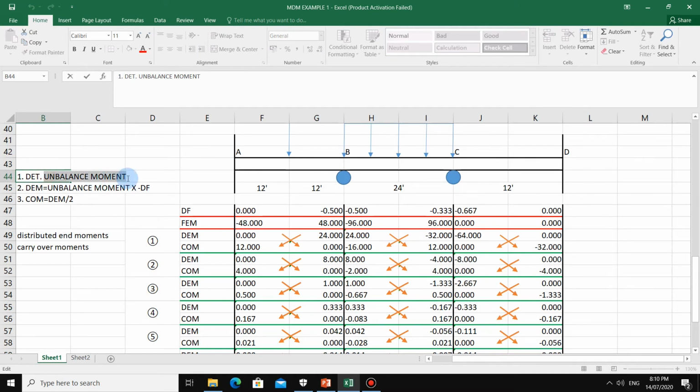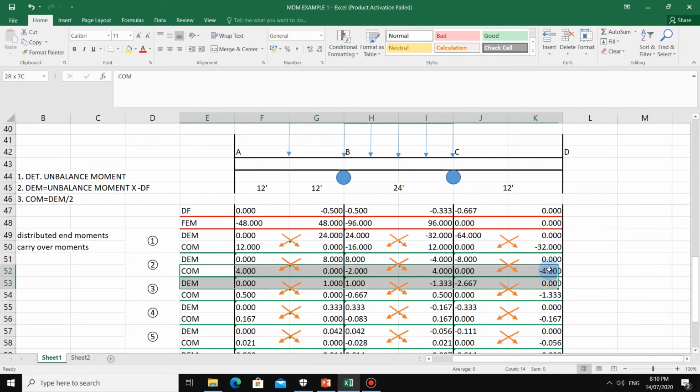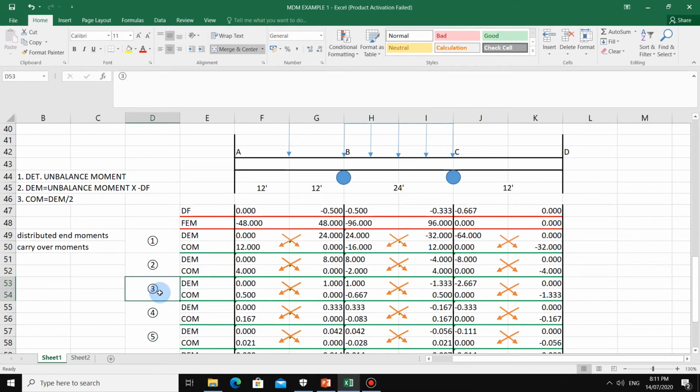Okay? So again there is an unbalanced moment. So you can temporarily lock it, guys, then evaluate whether there is an unbalanced moment. Okay? So we saw negative 2 at B, then 4 at C. So you have to proceed with the third cycle.